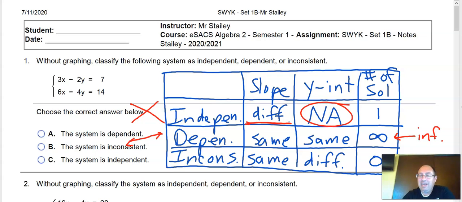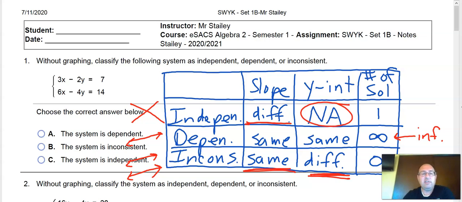Now, it does not mean any solution. Okay, that's different. There's lots of different points that are not on a particular line, but dependent does have an infinite number. Inconsistent means they are parallel lines. So we use that term, parallel, and they never cross. They have the same exact slope, but they have different y-intercepts, and so you'll have no solutions whatsoever.